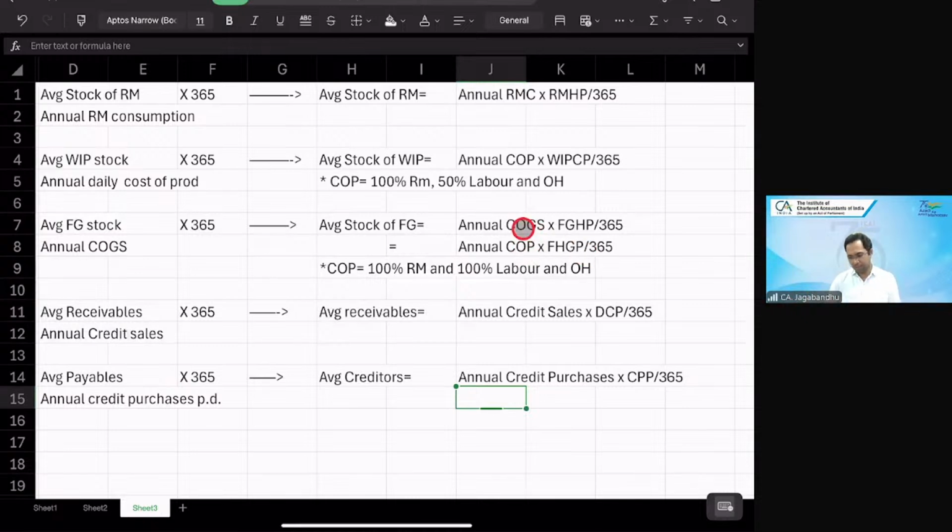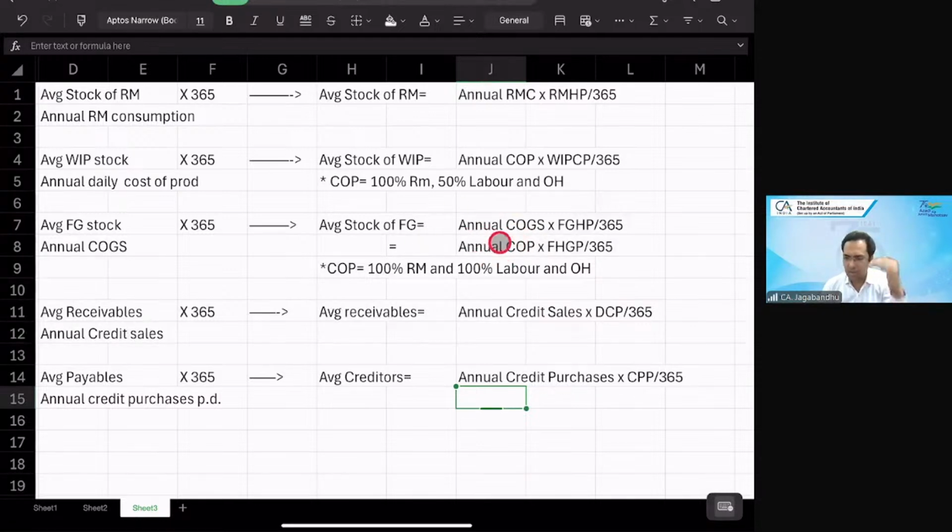So if we are given information about cost of production, we can use it. Generally your cost of production and cost of goods sold are the same if your opening and closing stock of finished goods are equal. Otherwise, there will be a difference between them.